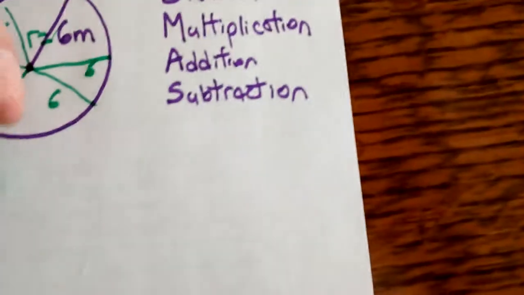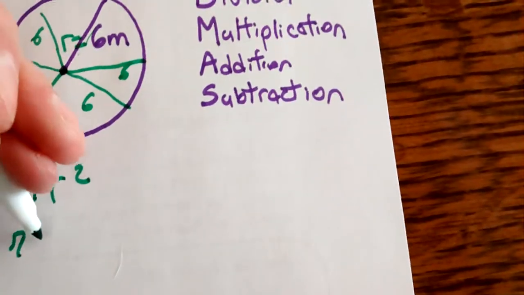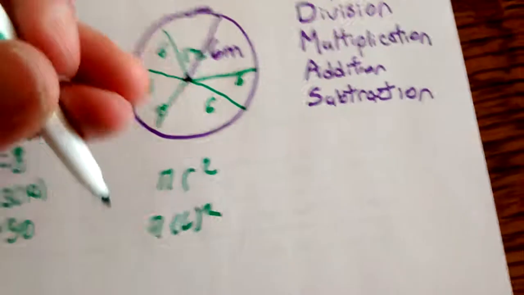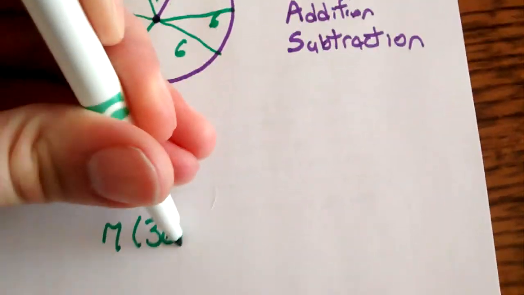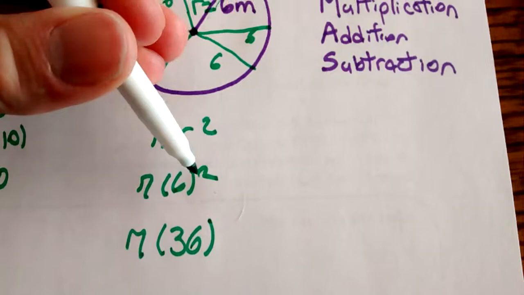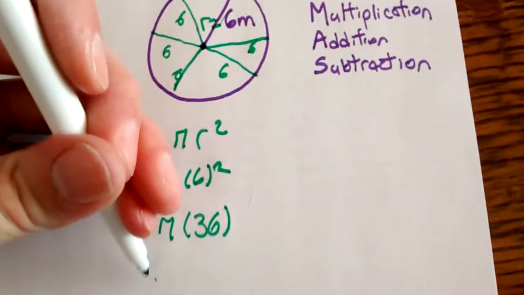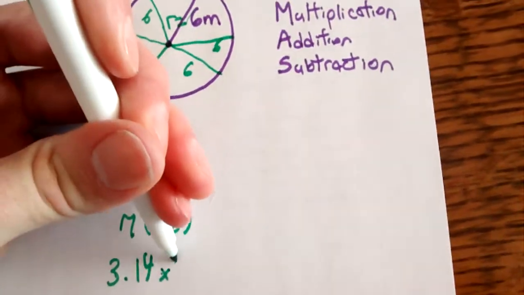So, using the formula again, pi r squared. I plug in 6 for r. 6 squared is 36, so pi 36. So 6 times 6, or 6 squared, equals 36. And then lastly, pi times 36, so 3.14 times 36.